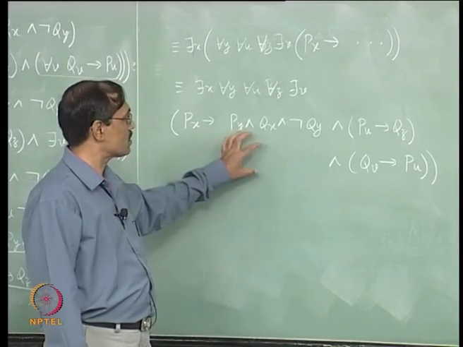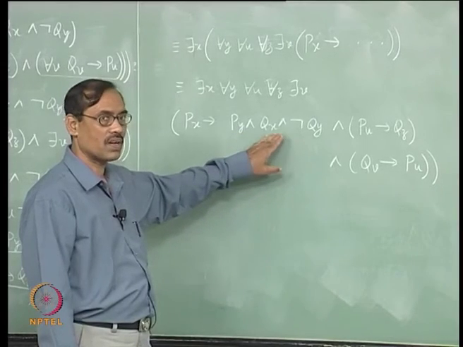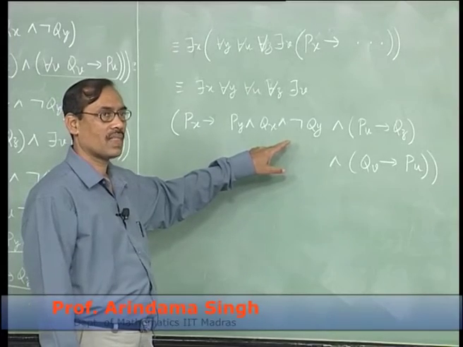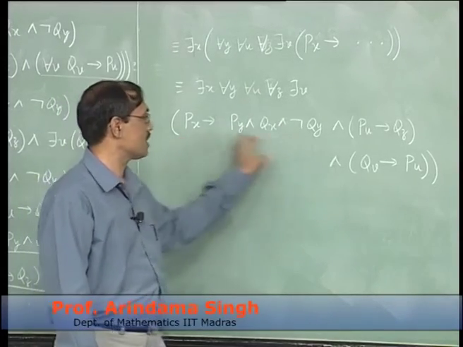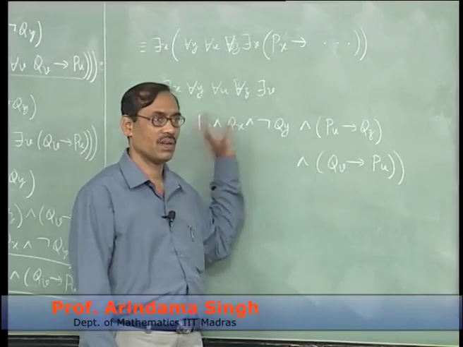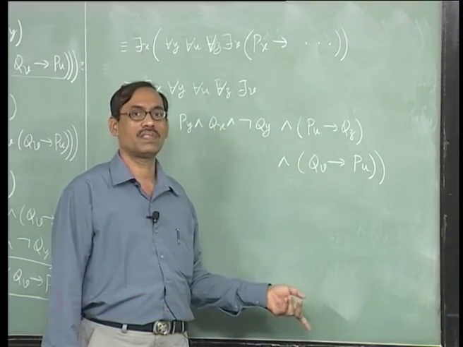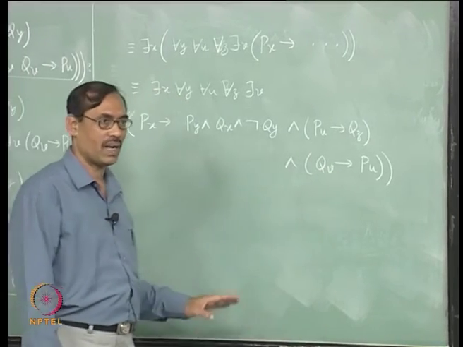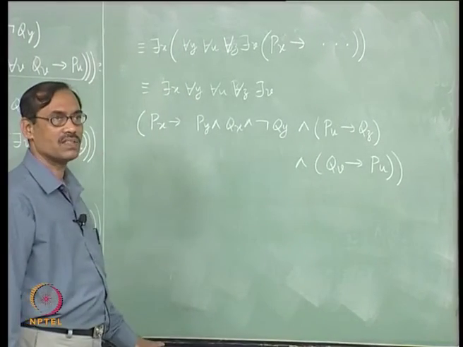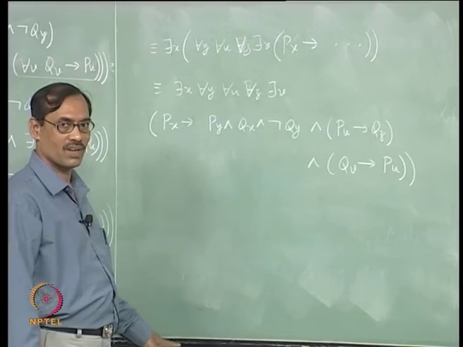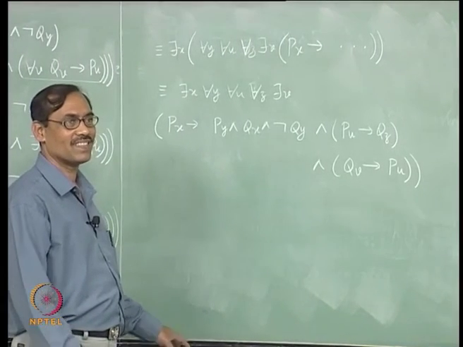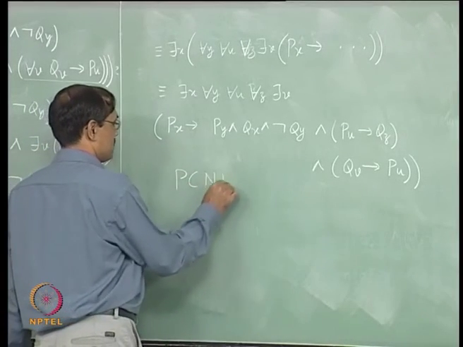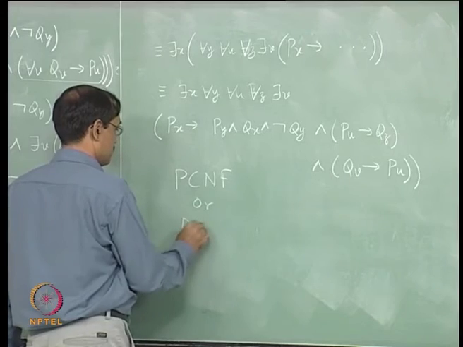Now, all those definitions will be useful for converting the matrix of a formula, right. Once it is in Prenex form, you consider its matrix, forget the prefix now. This matrix can be brought to CNF or DNF equivalently using that definition, right. So, once you brought that form, you call that formula as Prenex conjunctive normal form or Prenex disjunctive normal form, right. So, you just tell PCNF or PDNF.